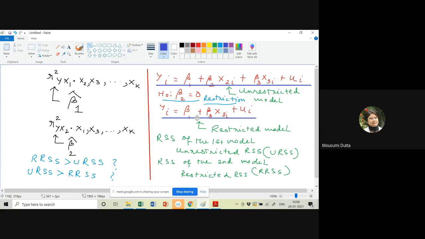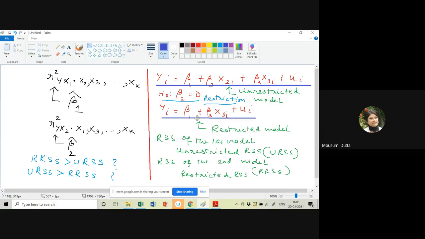This is the common notion. In the second model, we have less explanatory variable. In the first model, we have more explanatory variables. So it is expected that the first model will have less residual part compared to the second one. If ESS part is higher in the first one, unrestricted one, naturally RSS part will be lower compared to the second one.